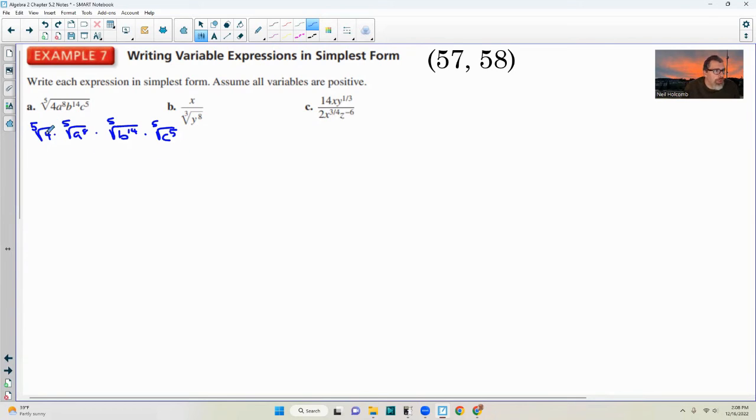Okay, so the 5th root of 4, you can't simplify that. So that's going to just stay the 5th root of 4, because the 5th root of 4 is just 2 times 2, and that's only 2. I need 5. So the smallest 5th root other than 1 is 32. So the 5th root of 4 just stays.